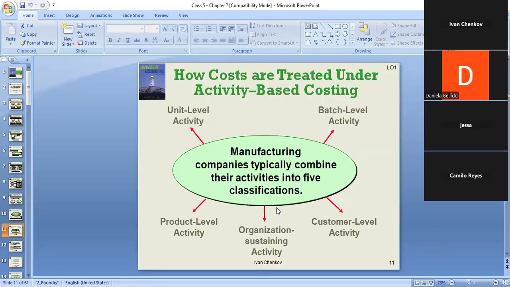Do you know what batch means? It's like it's a big quantity when it's all of the same. So the batch level of activity, I can simply explain it this way. Imagine you are in the bakery business, right?